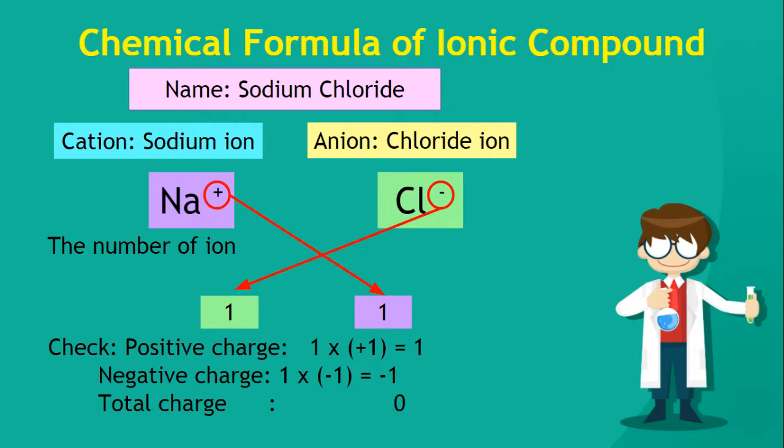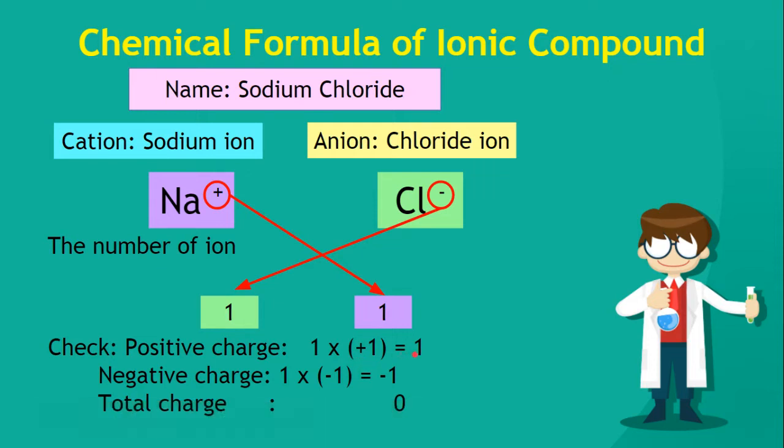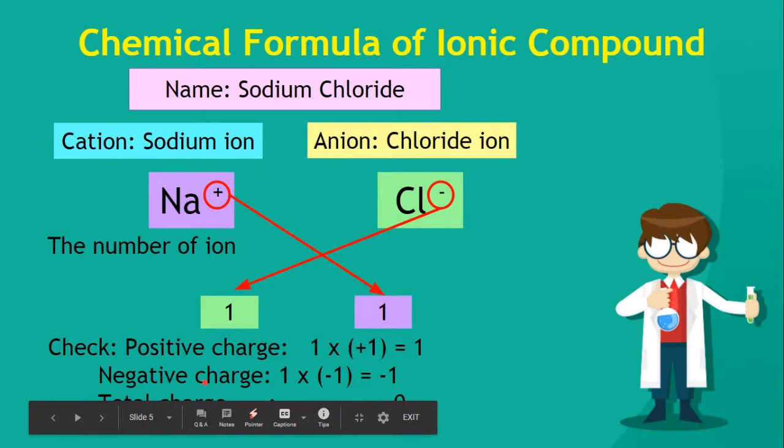Next we check the charge. For the positive charge, which is the sodium ion, the number of ions is 1, times the charge of positive 1, so the charge is positive 1. For the negative charge, the number of ions is 1 and the charge is negative 1, so in total we get negative 1.